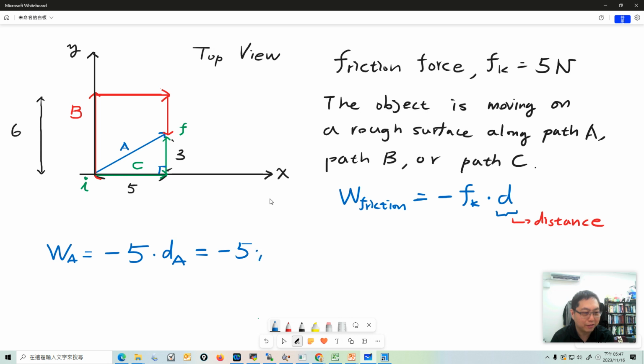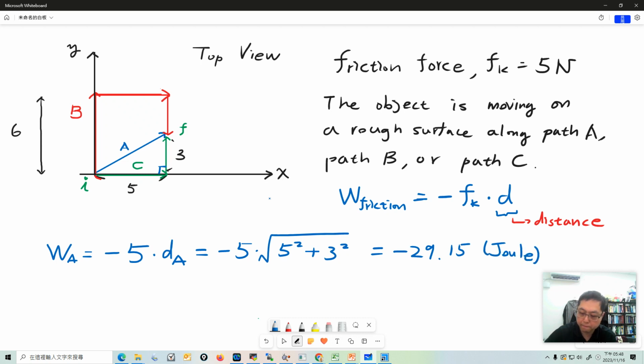We use the Pythagorean theorem, the square root of 25 plus 9, which is the square root of 34, times 5. So it's minus 29.15 joule.